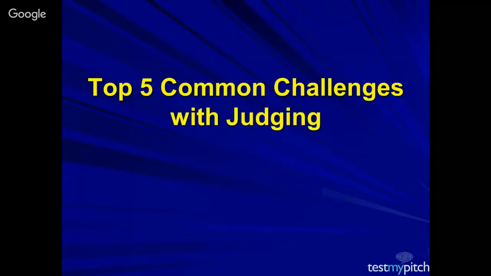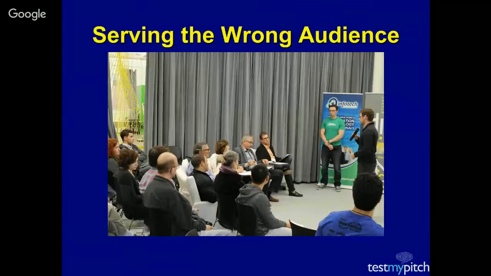So with that, we've observed 5 challenges with judging, and there may be more that you realize, but these are the top 5 as we see them. We've seen situations where the judging process is aimed at serving the wrong audience, and we continue to see this, where organizations will tell us that they've selected their judges or their criteria to serve maybe the sponsors, maybe the judges.